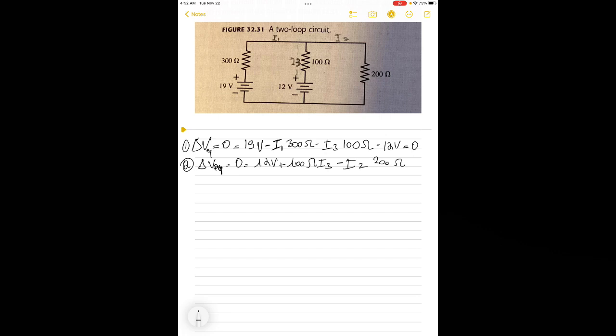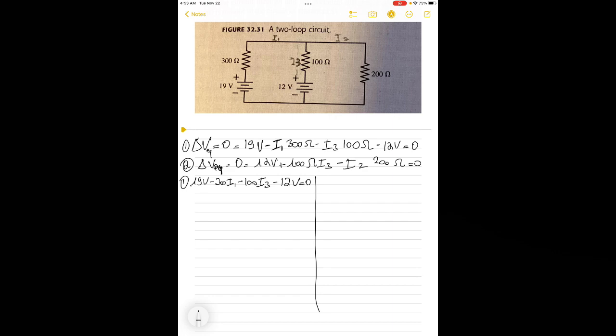All of this is supposed to equal 0. Let's do two lines here. The first loop will equal 19 volt minus 300 E1 minus 100 E3 minus 12 volt, and all of this is supposed to equal 0.